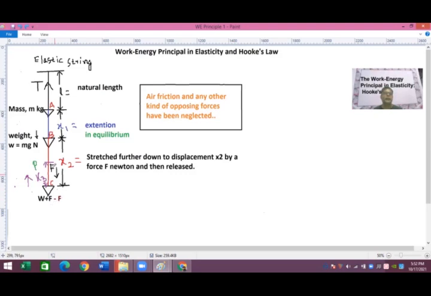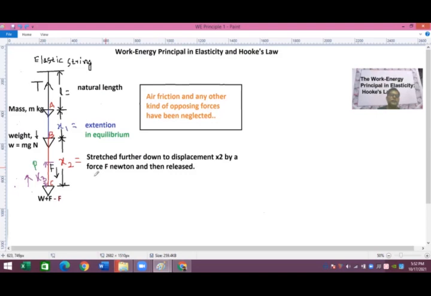Also there can be some other external agent that may affect this system, for example the air friction. For this time we neglect air friction and any other kind of opposing forces.